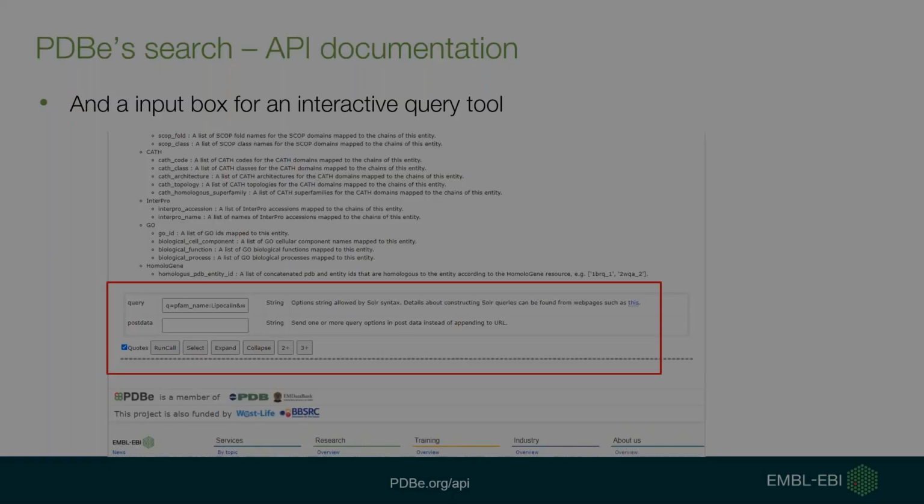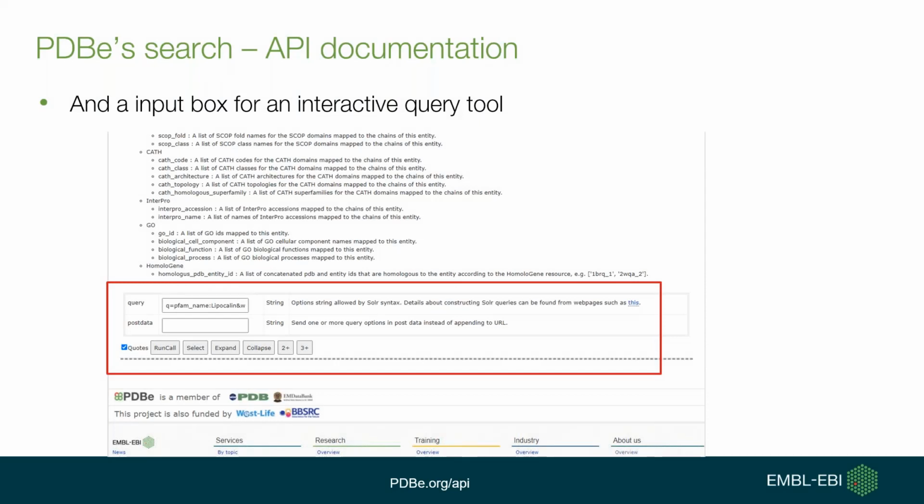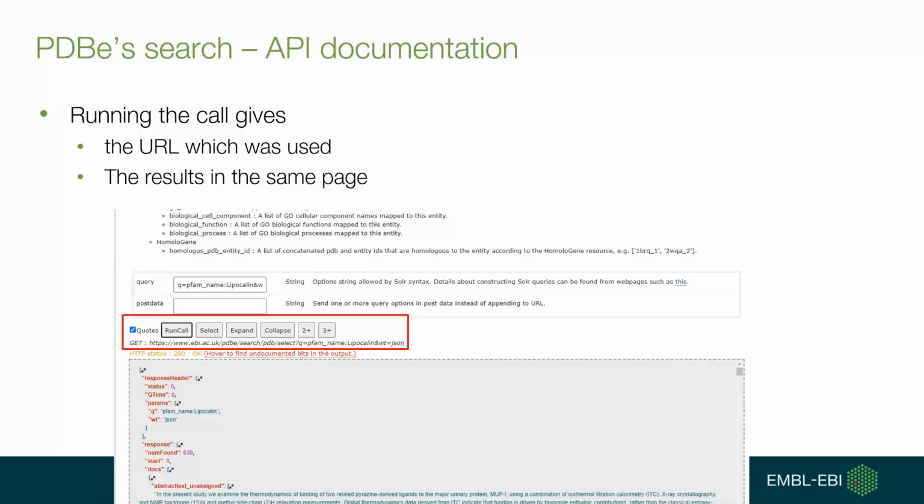At the bottom of this page, we also provide an interactive query tool, which allows you to try your own queries directly on the page. If we hit run call, we can get back the URL that was used to make the call, and the results are shown just below here.